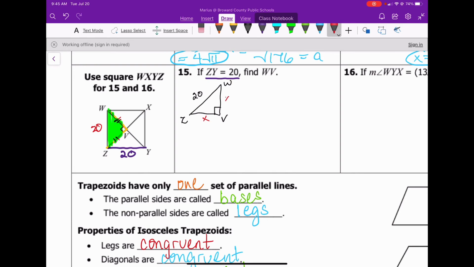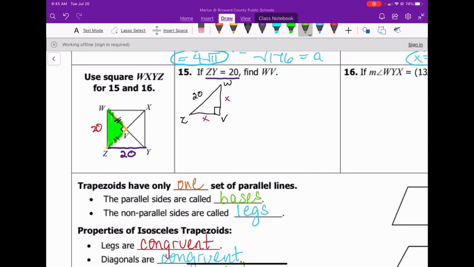We don't know these measurements here. However, we can use the Pythagorean theorem to solve this. So that's another way we could go about doing that. We don't have to use the angle measures, the 45, 45, 90. We could, and we would still end up with the same answer, but let's go ahead and use the Pythagorean theorem.